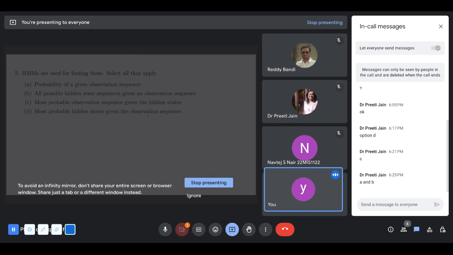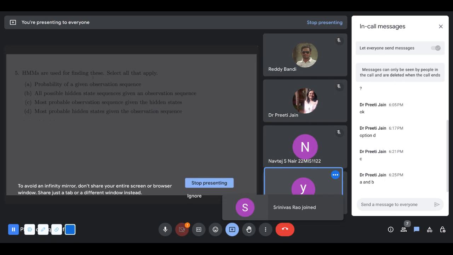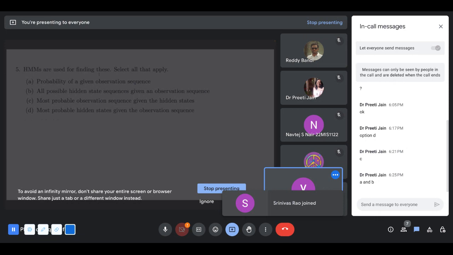HMMs are used to find the most probable hidden states given the observation sequence, and the probability of a given observation sequence can also be found out.